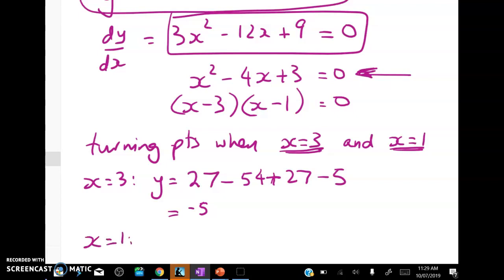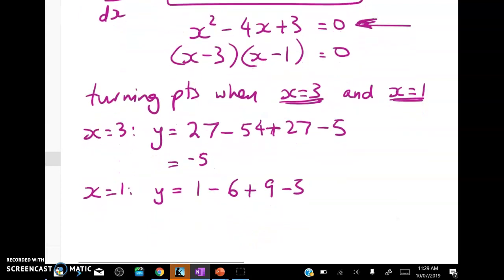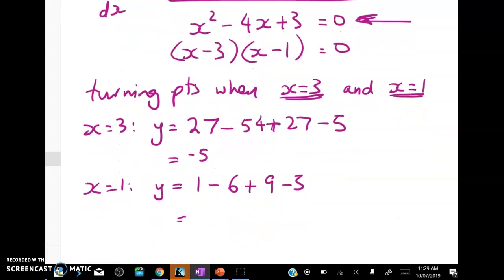So when x equals 1, y equals 1 cubed is 1, minus 6 times 1, 6, plus 9 ones are 9, minus 5. That gives me 10 minus 11, which is negative 1. So my 2 points are (3, -5) and (1, -1).